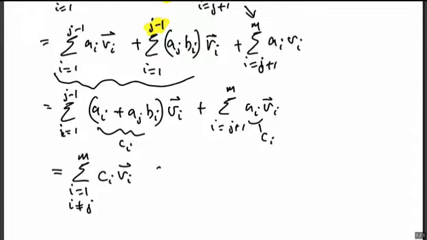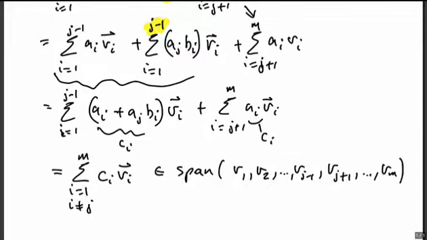What does it mean? It means that this is in the span of vectors v1, v2, up to vj minus 1, vj plus 1, with no vj, up to vm, since here we don't have the vj.